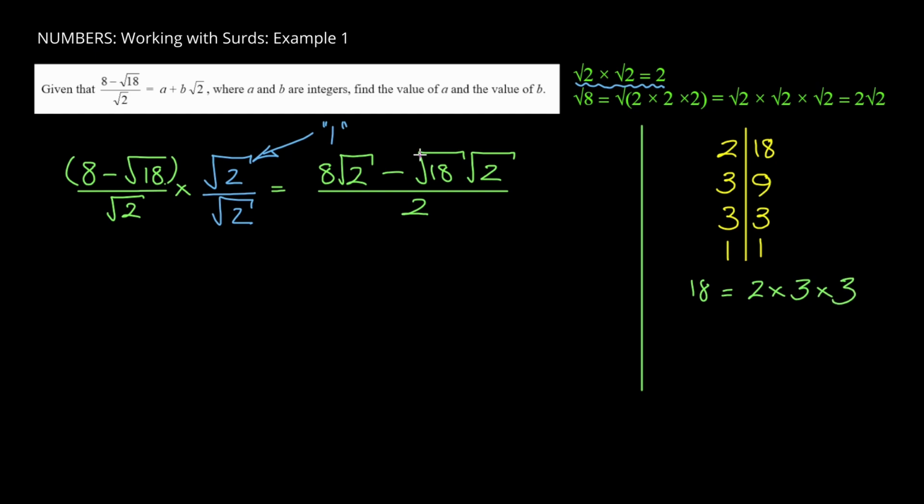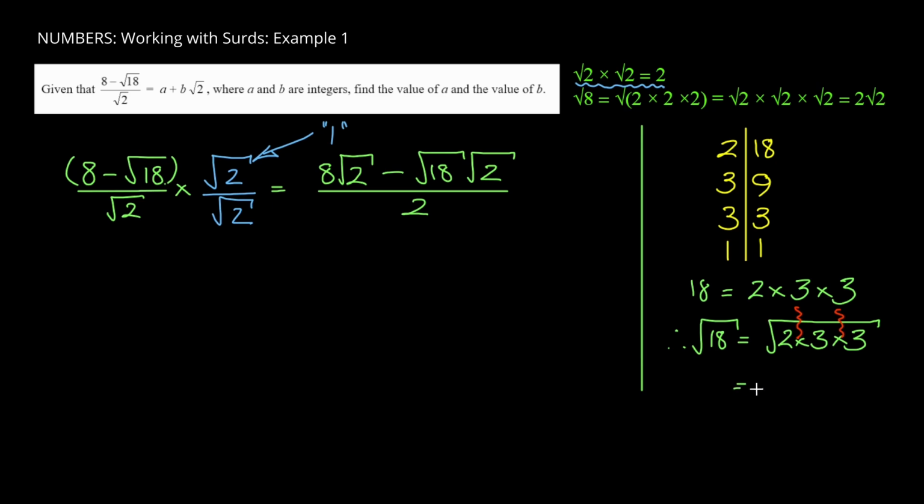So under that umbrella of root 18, I can say the square root equals the square root of 2 times 3 times 3. And because this is a multiplication, I can split the umbrella of the square root and transform these into 3 separate square roots.